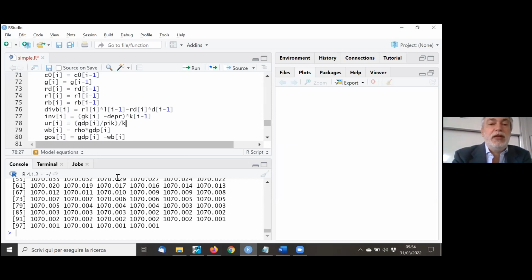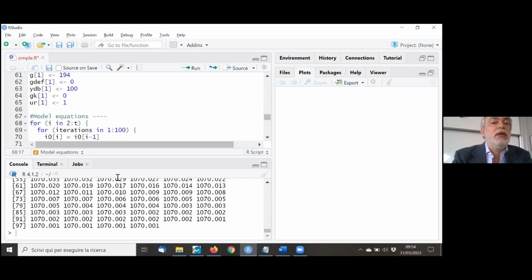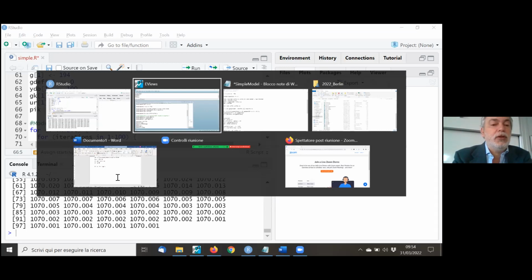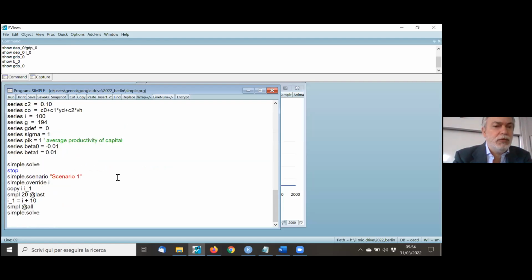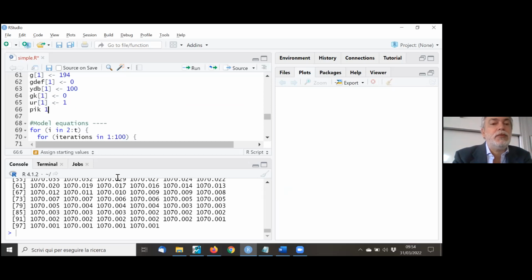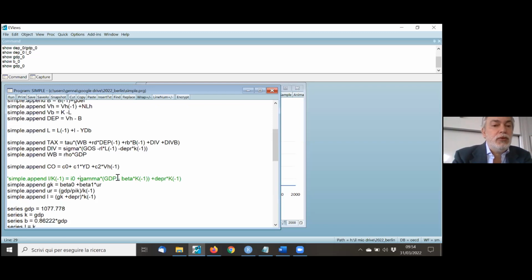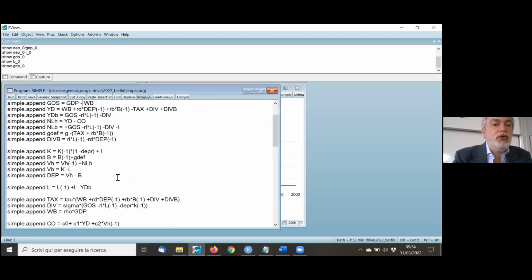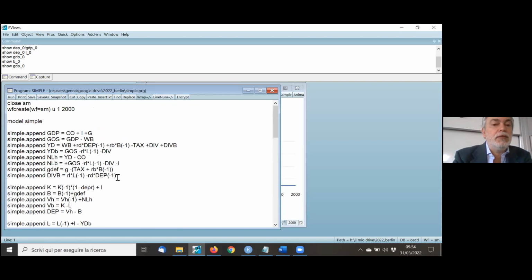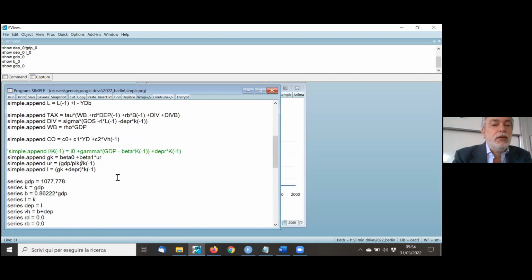This should be divided by K of the previous period. So here we also need to define PIK. And PIK can be simply set like this. What did I use? I think I used 1 for the value. Yes. So we still need one more change. No, maybe, yes, we need the equation for GK.